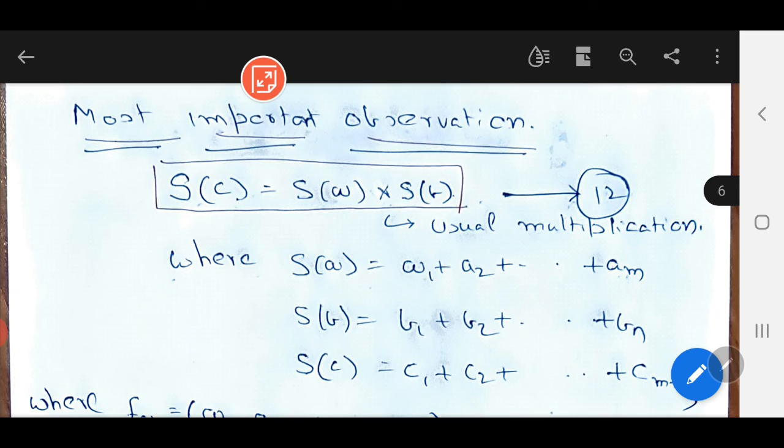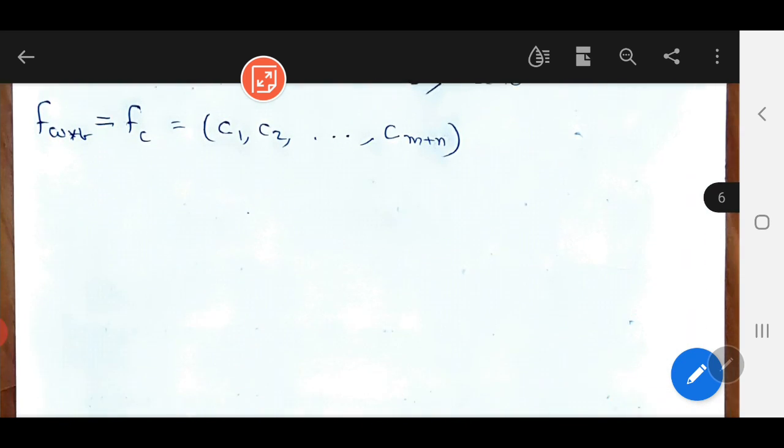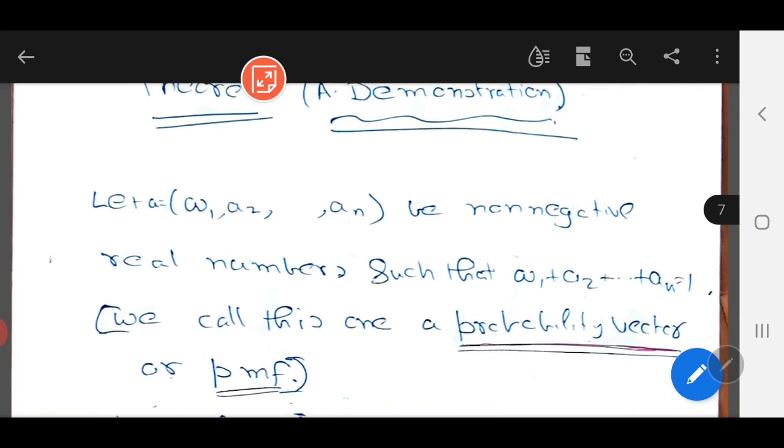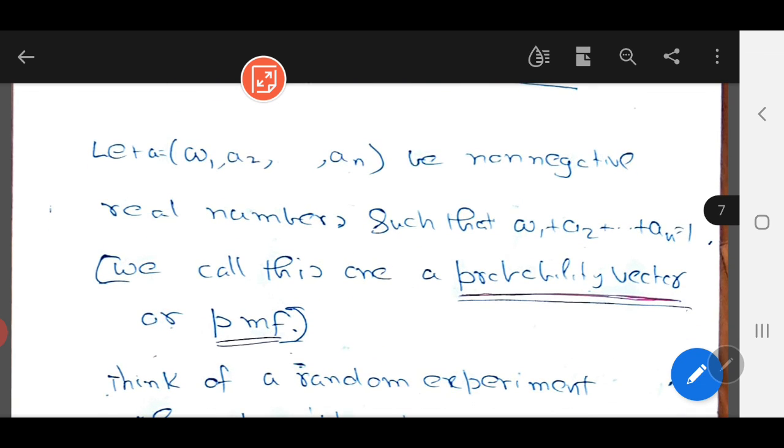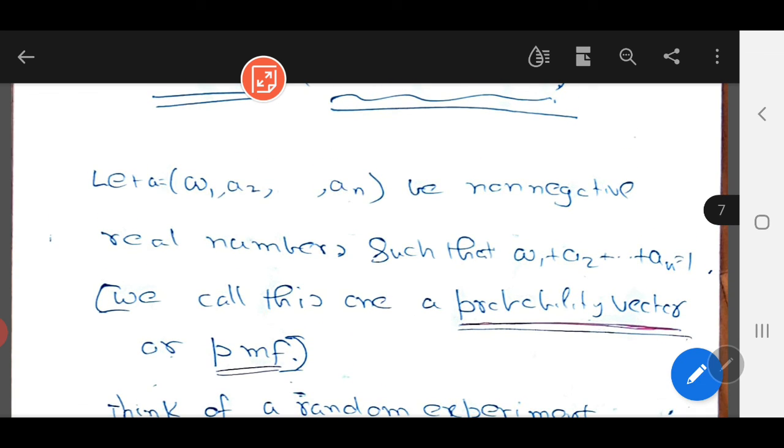Sum of terms of C is equal to sum of terms of A into sum of terms of B. This plays a very crucial role in looking at applications of convolution to probability theory. Now we knew about probability mass functions.